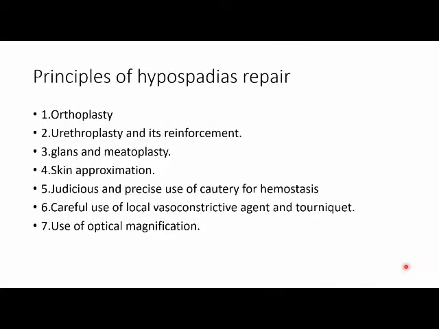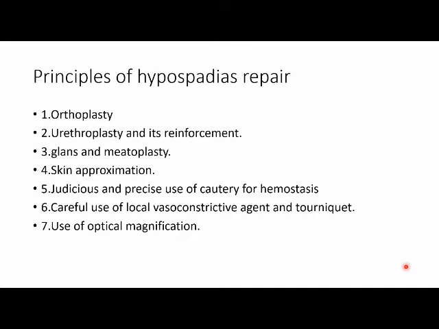And we'll come to the principles of hypospadias repair. The basic principles of hypospadias repair include an orthoplasty or chordee correction, followed by a urethroplasty and its reinforcement. The third principle will be glans and meatoplasty and glansplasty, followed by a skin approximation.